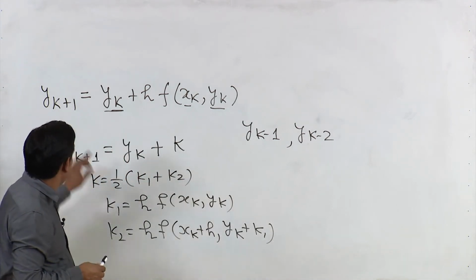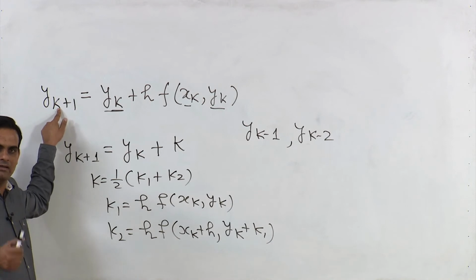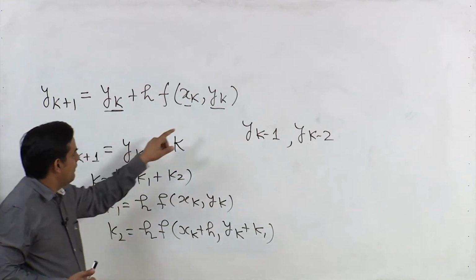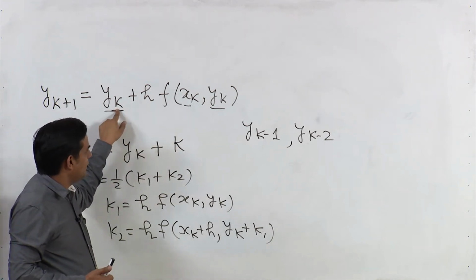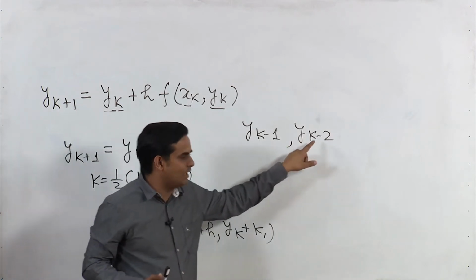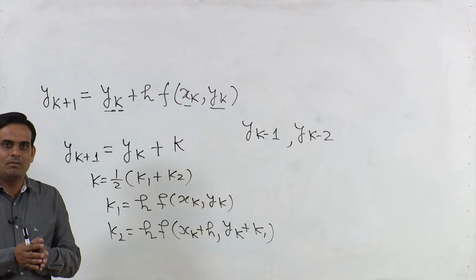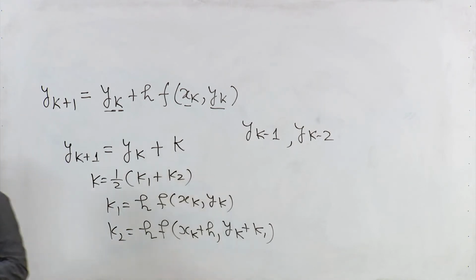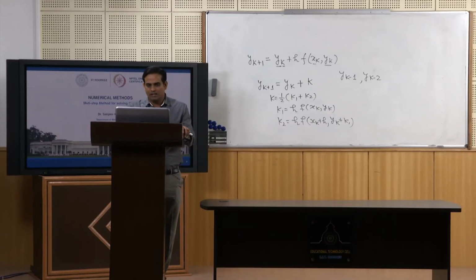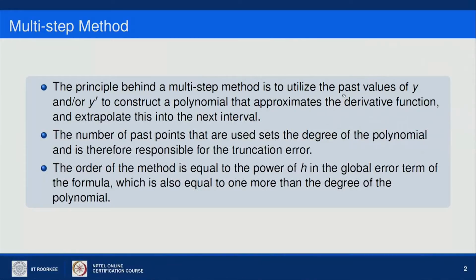And that is why, for calculating the value of y at x equals xk plus 1, we are using the value at the kth iteration, the k minus 1 iteration, the k minus 2 iteration, and that is why it is called a multi-step method.